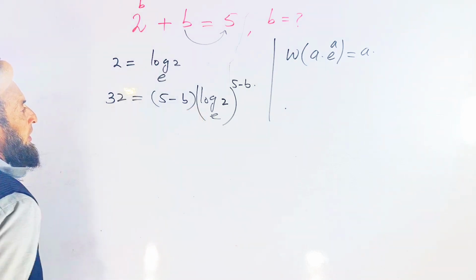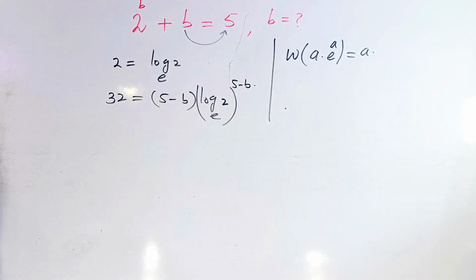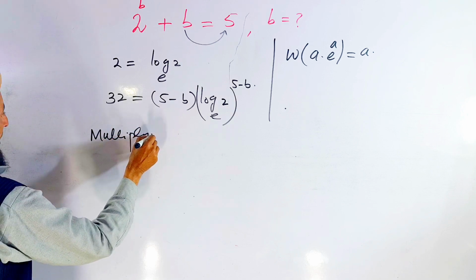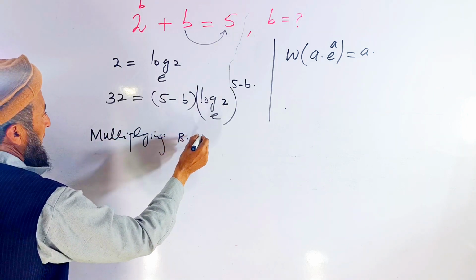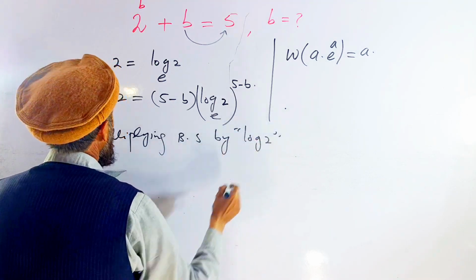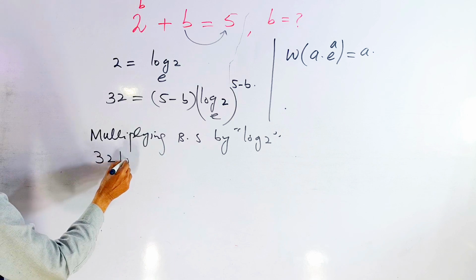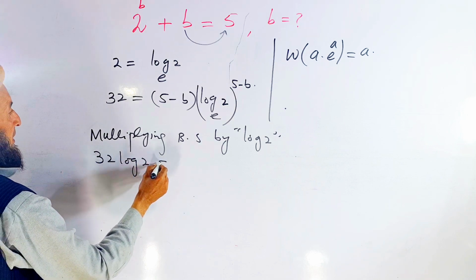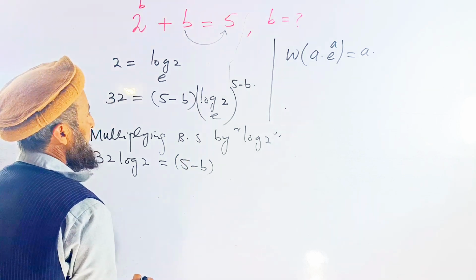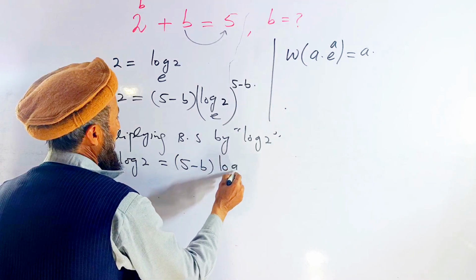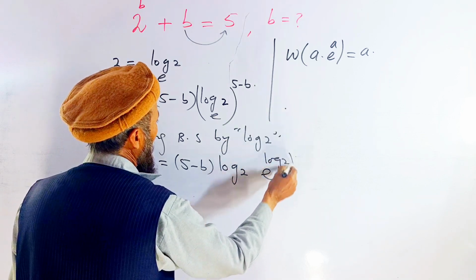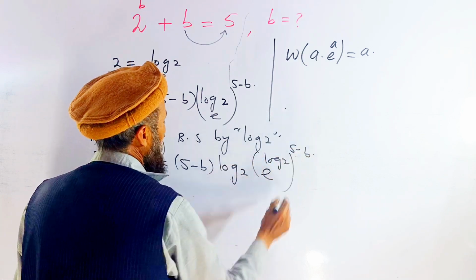It means that we are multiplying both sides by log of 2. So we get 32 log of 2 is equal to 5 minus b times log of 2 and e log of 2, whole exponent 5 minus b.